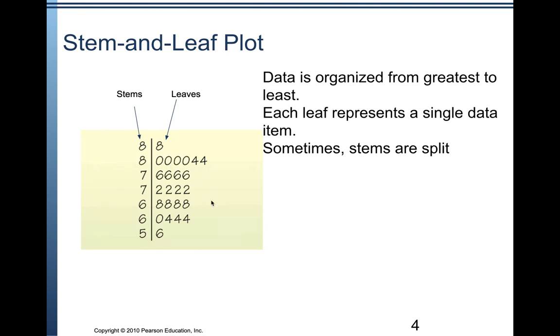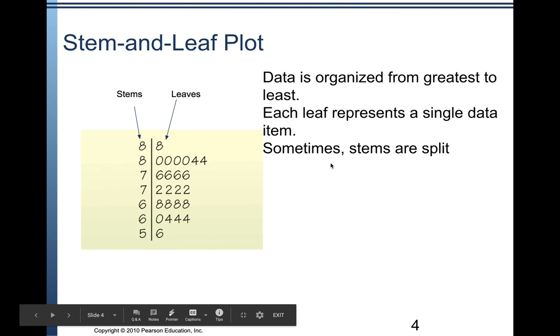That's how we read a stem and leaf plot. If we go further down, we would have 60, and then 64, 64, 64, and 56, so on and so forth. So each of these represents the second digit of a single data item.